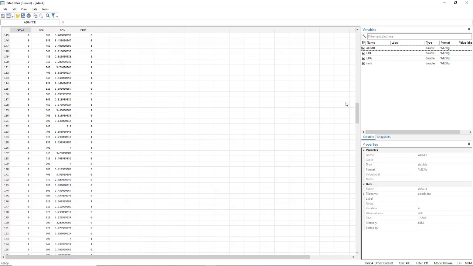Anyways, it's looking at admittance. Because of the GRE, I think it's grad school admittance. And it's looking at, was that person admitted, what's their GRE, what's their GPA, and then rank. Rank is a binary variable: 1 if the institution is of high prestige, or 0 otherwise.